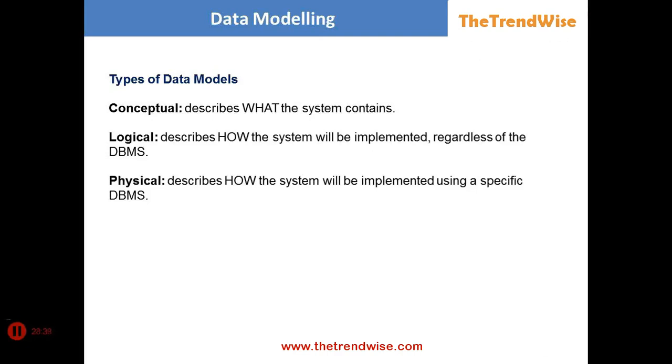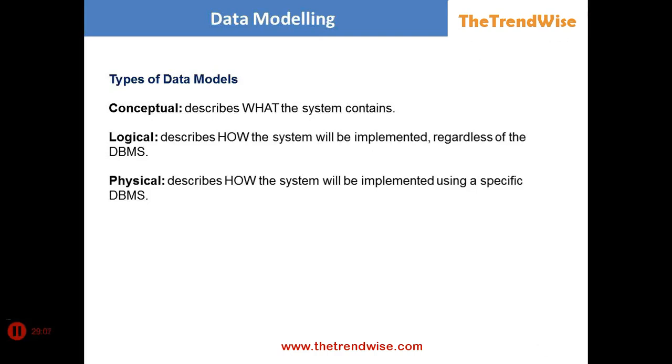Now, till the logical model, he may not really worry about the database management system. The logical model is completely independent of any particular DBMS. The conceptual and logical are all just high-level models. They just describe the system as a whole. They really do not talk about the technical aspects of any particular database.